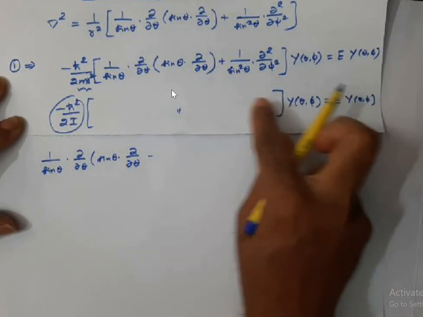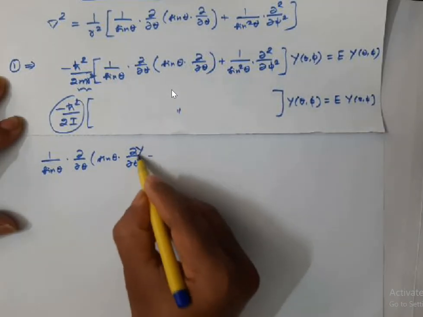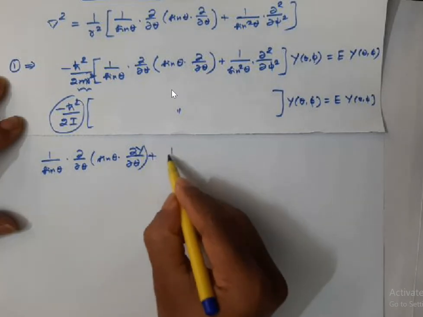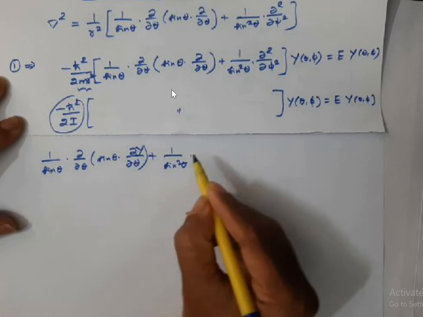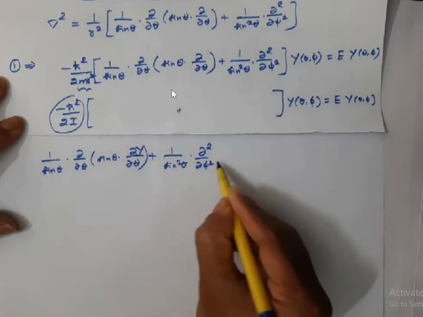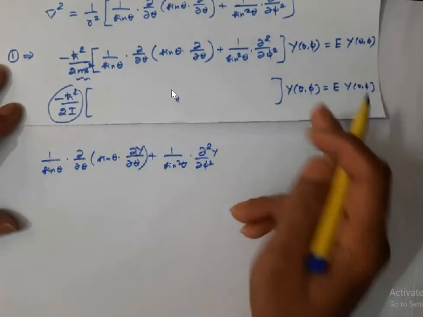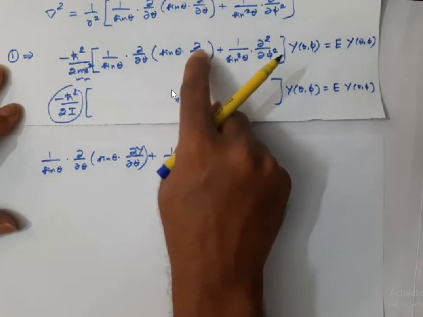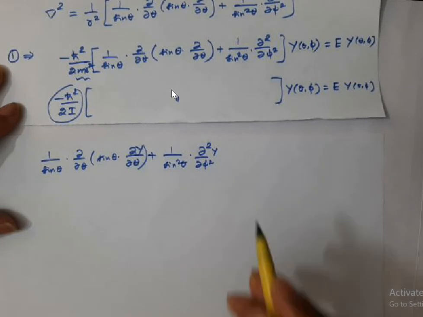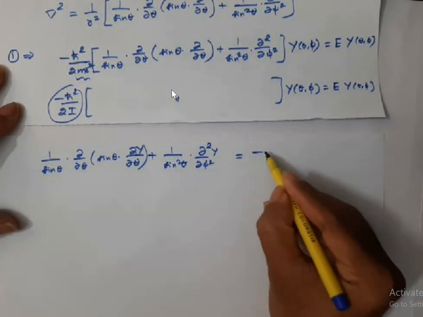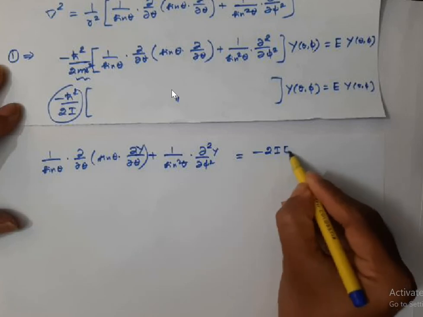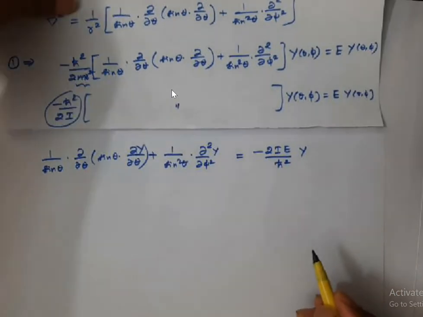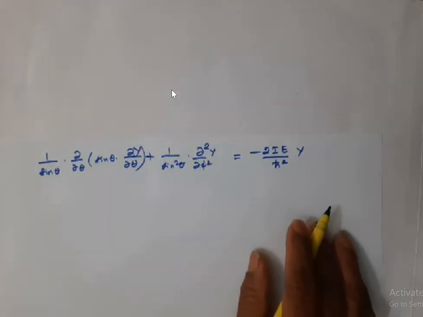I'll bring this function Y inside, so that Y comes here, then plus 1 by sine square theta dou square by dou phi square, and I'll bring this Y here too. So I have brought this Y and I'll keep it with the operator. So the operator will operate on the function Y now, equal to, on the right hand side, minus 2I E by h bar square into Y. So we have obtained an equation like this.